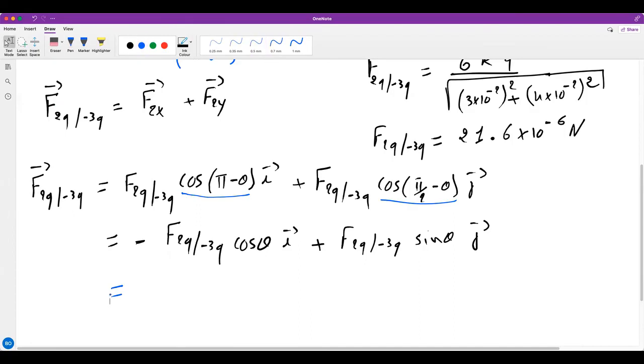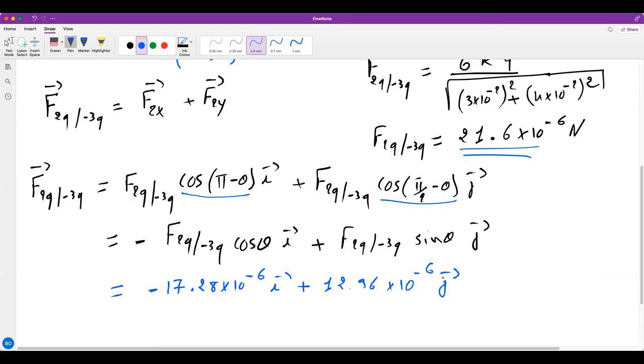At the end, because we know the magnitude, all we have to do is calculate cosine theta, and we obtain minus 17.28 times 10 to the minus 6 i plus 12.96 times 10 to the minus 6 j. So this is the force F2q on minus 3q.